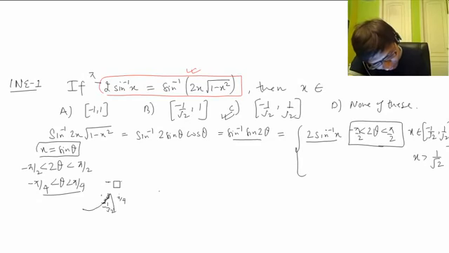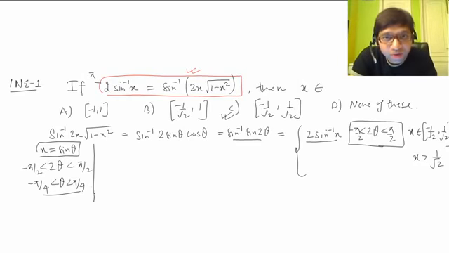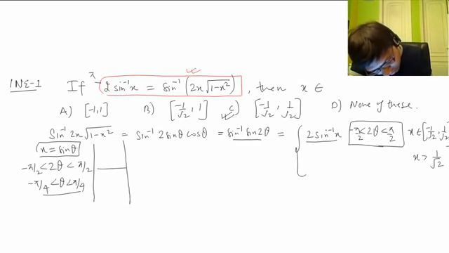So now we'll have to do the reverse mapping. If x is greater than 1 by root 2, then what values can theta take? So again we'll see the graph of sine. Let's draw it bigger in size. No sorry, x is greater than 1 by root 2, so this is 1 by root 2, and x is greater than this.